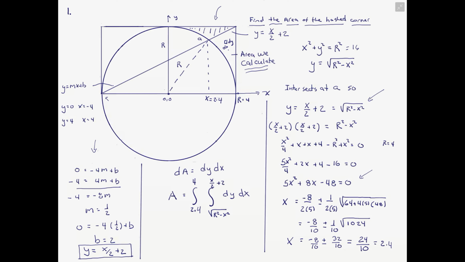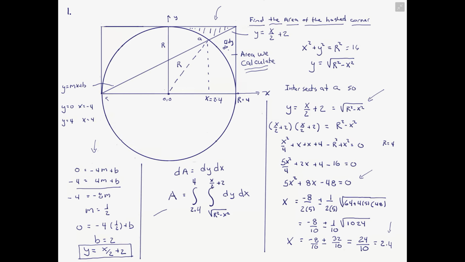That's the x coordinate where the line intersects with the circle. So that's actually the limit when we want to integrate. 2.4 is the smaller limit of integration, and x equals 4 is the outer edge of the limit.